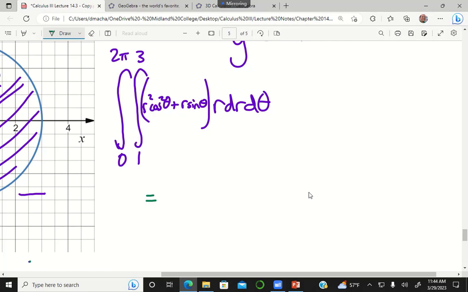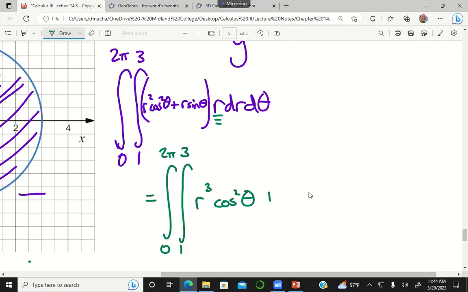So let me distribute in my extra r and rewrite this real quick. I could rewrite it as r cubed cosine squared theta plus r squared sine theta, dr d theta.